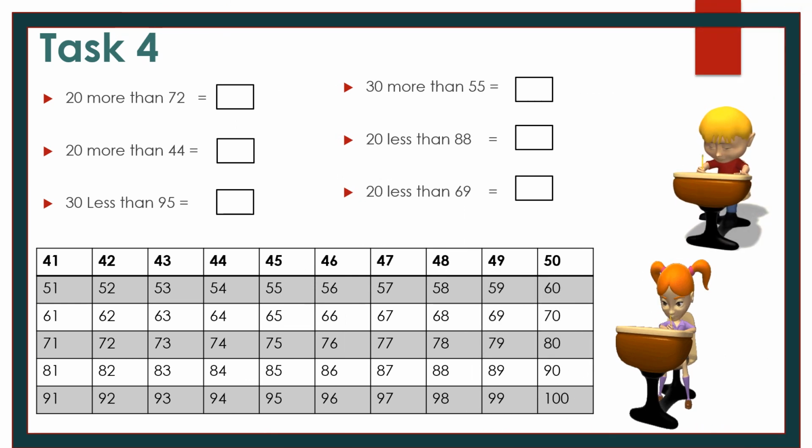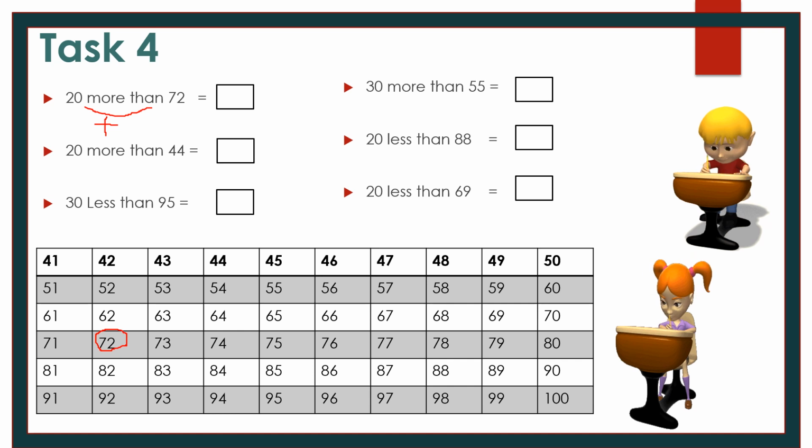Task 4. Task 4 says, the first one is 20 more than 72. I will go on 72. Find where is 72. Yes, 72 is here. When I say more than, it's always addition. When it is addition, we will always count on.